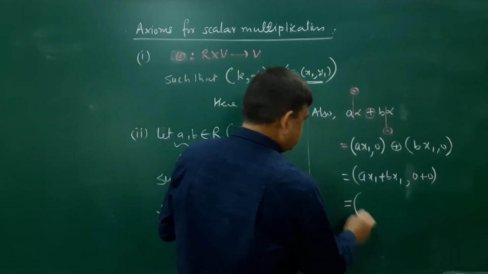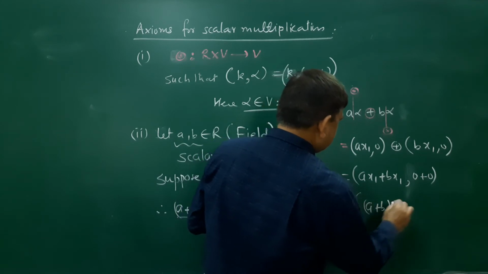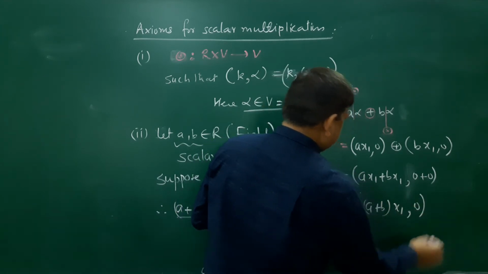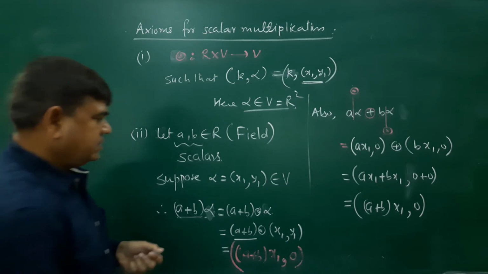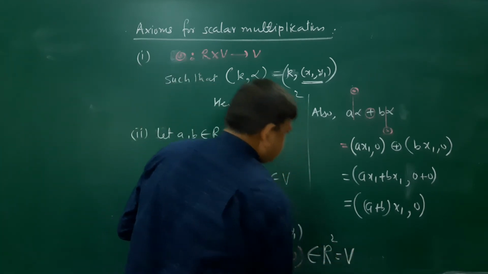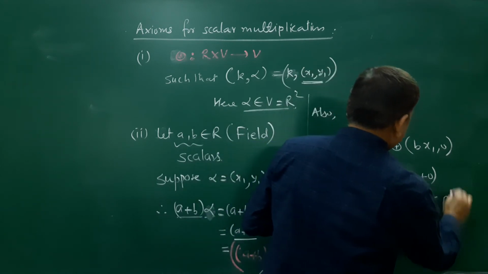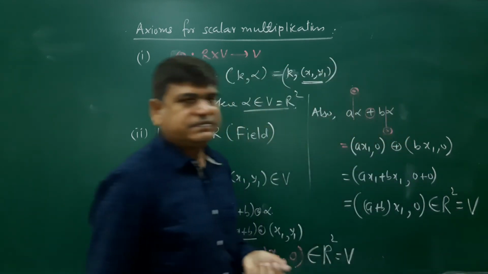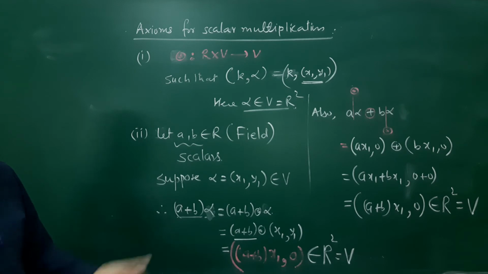This is A plus B times x1, 0. This also belongs to R square because it is a pair. So the left hand side is equal to the right hand side.